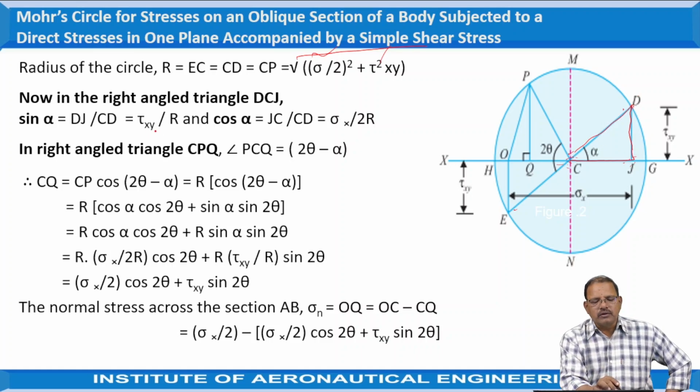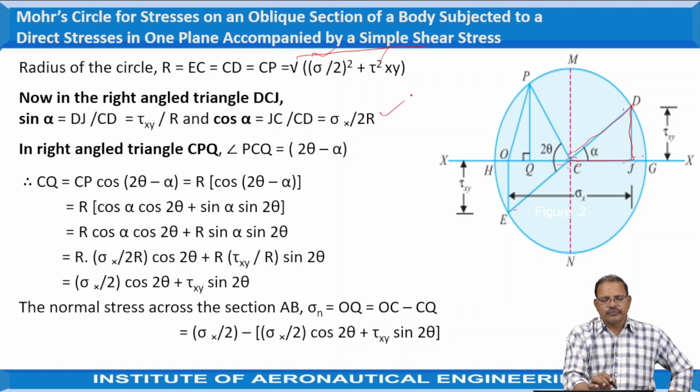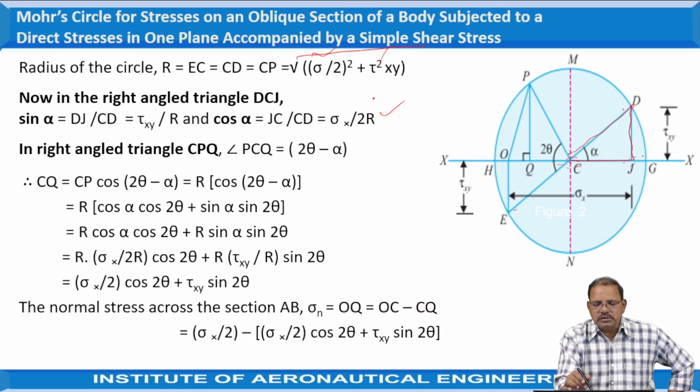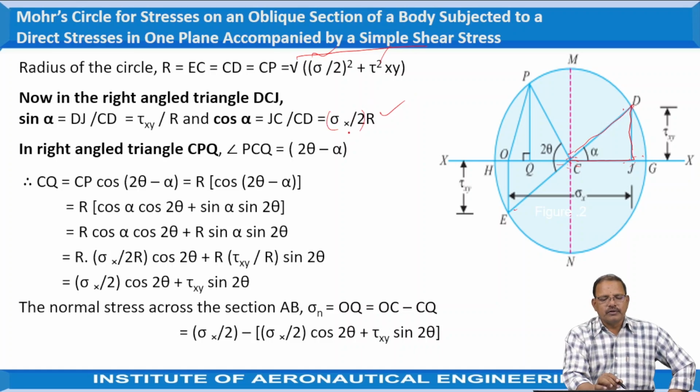From this relationship DJ is equal to the shear stress 2xy, and CD is representing R. Similarly, cos alpha is equal to CJ divided by CD, or OC divided by CD, which is equal to sigma x by 2 into 1 by R now.